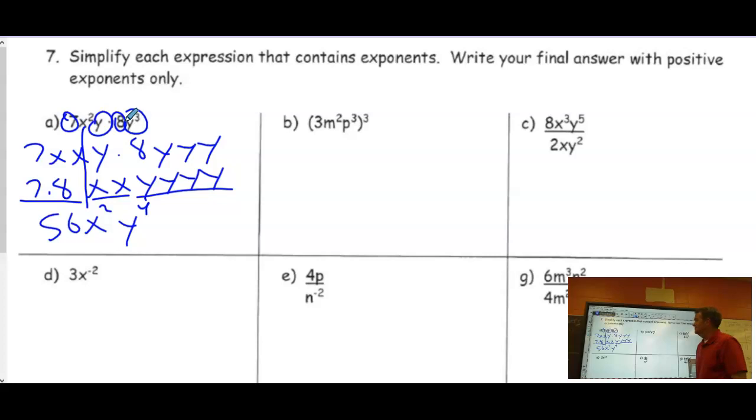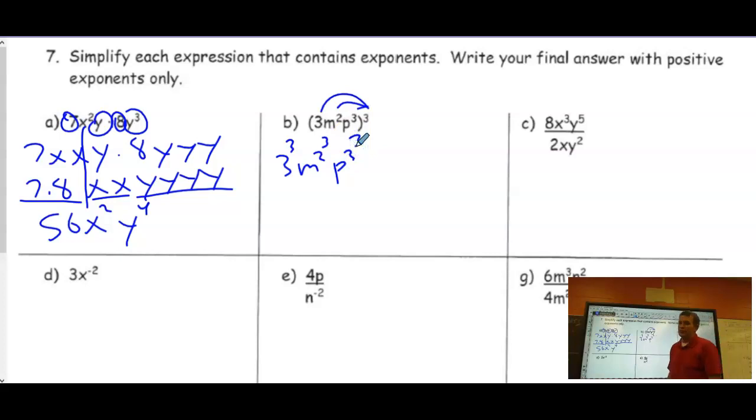Letter B. All right, the best way to do letter B would be to know the rule. The rule is that 3 gets applied to each thing. You have 3 to the 3rd, m squared to the 3rd, p cubed to the 3rd.